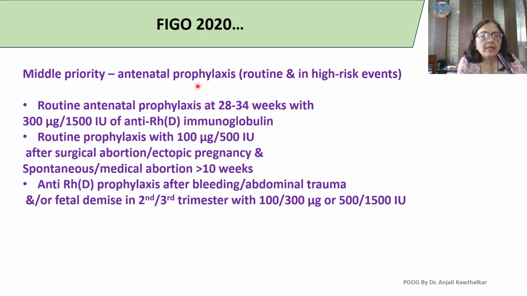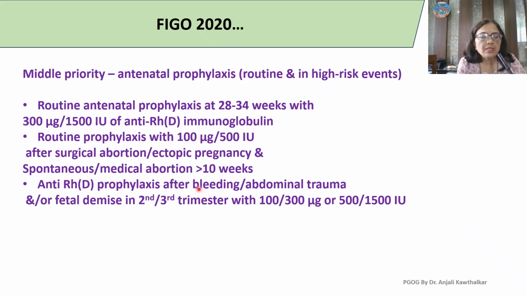Middle priority is for antenatal prophylaxis, as a routine and in certain high risk events. Routine antenatal prophylaxis is a single full dose at 20 to 34 weeks. Then 100 microgram whenever there is early pregnancy surgical abortion, ectopic pregnancy, or spontaneous or medical abortion of greater than 10 weeks.